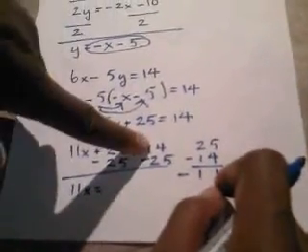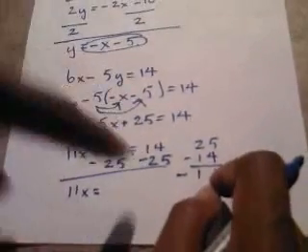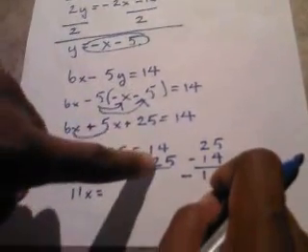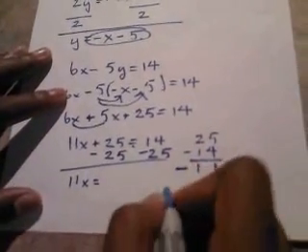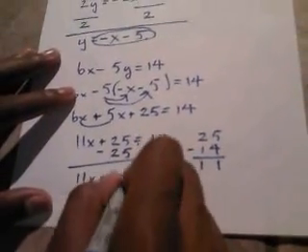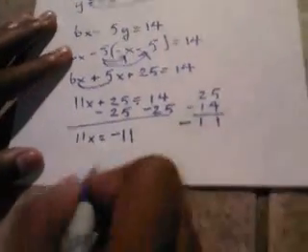When you subtract a positive from a negative and the negative is bigger, it's going to be a negative number. So that's why this is negative 11. So 11x equals negative 11.